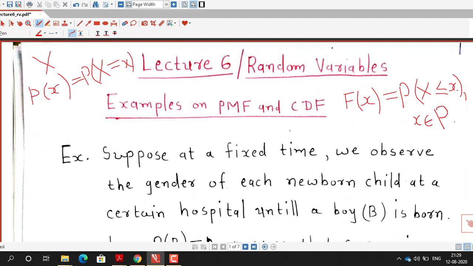So with these definitions in our mind, we do some more examples.